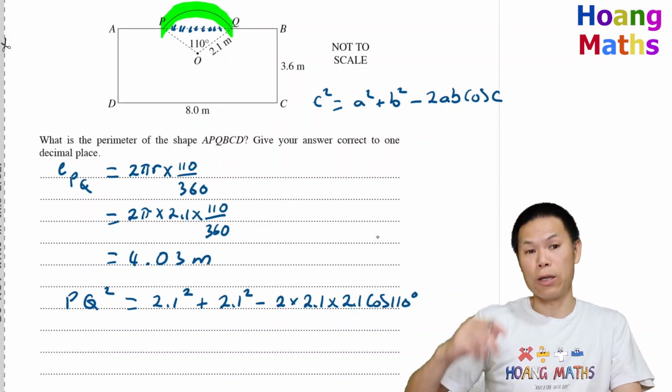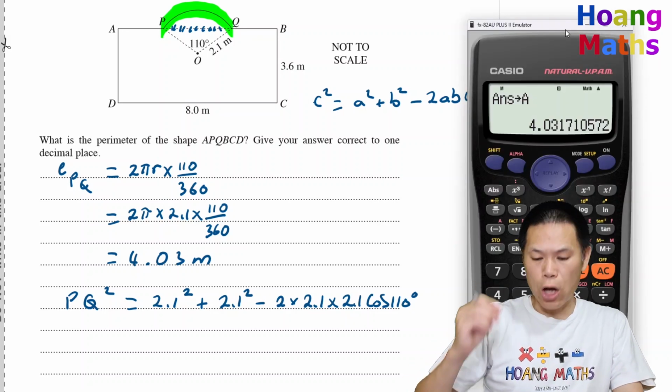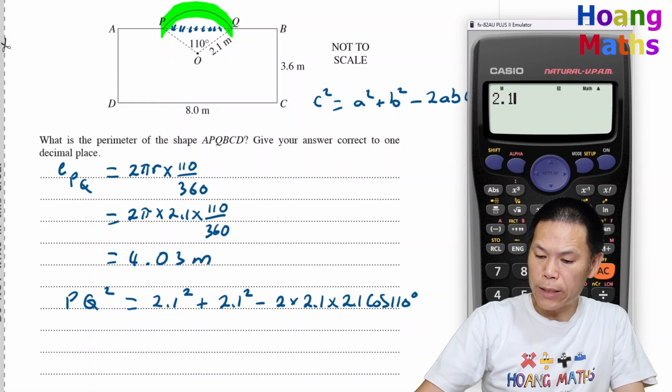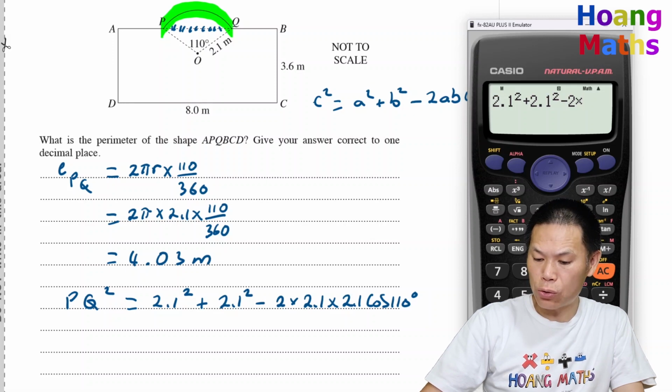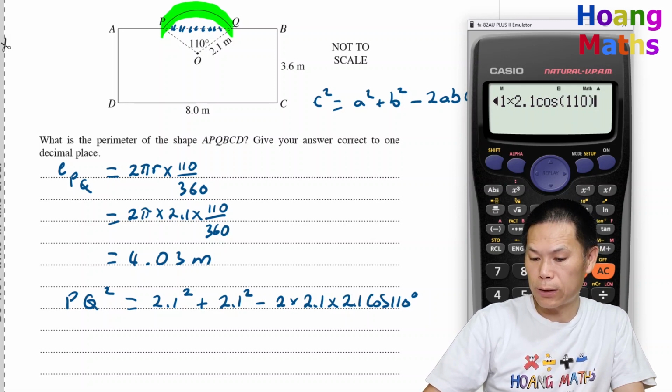So let me put it on the calculator: 2.1 squared plus 2.1 squared minus 2 times 2.1 times 2.1 cos of 110 degrees.